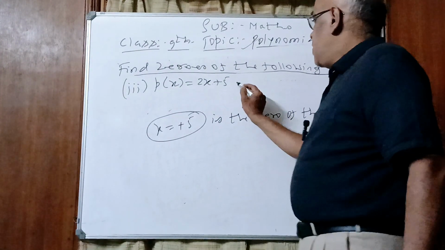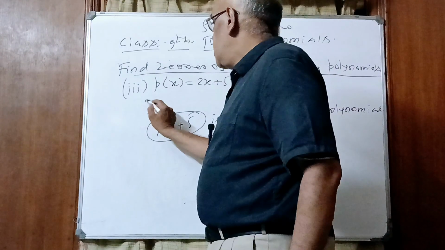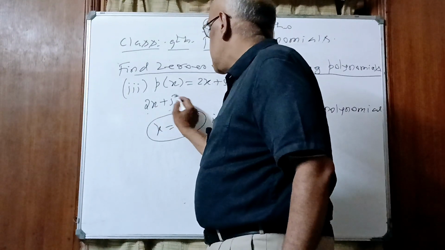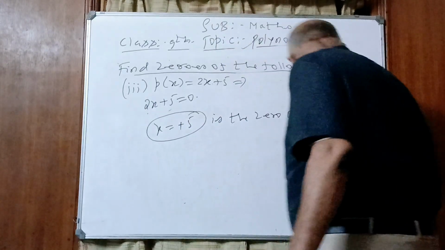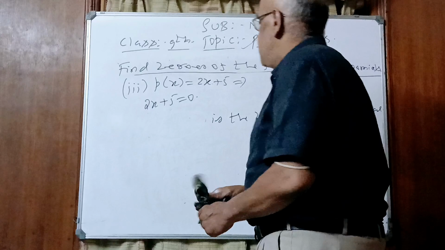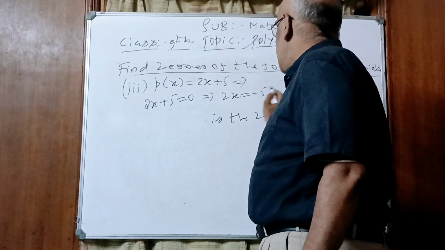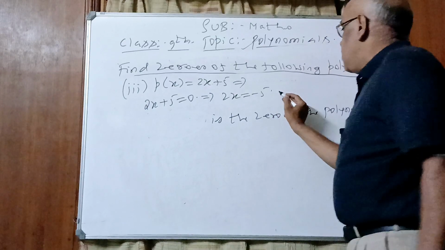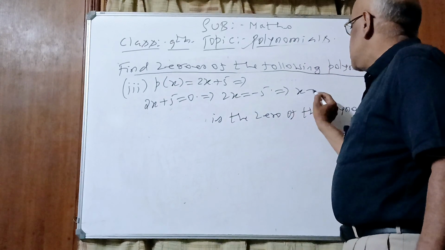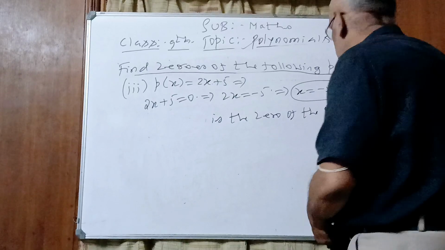Equate this polynomial to 0. What is that? 2x plus 5 is equal to 0. Yes or no, children? Yes. Then what do we do? 2x is equal to minus 5. Shift 5 to that side. What is the x value? x is equal to minus 5 by 2. This is the zero of the polynomial.